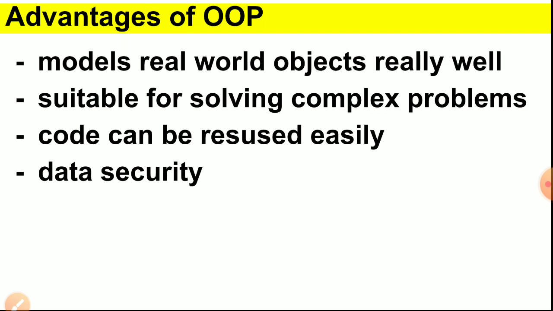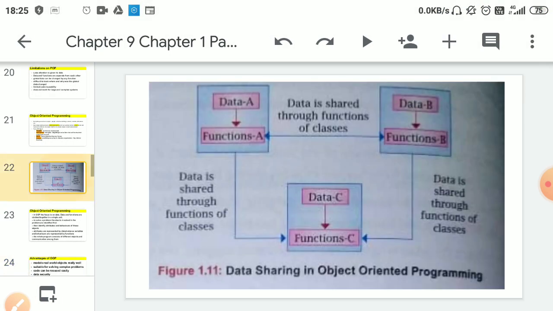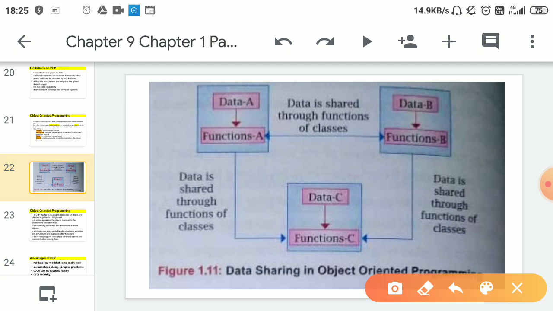Next point is data security. Can you guess how the data is secure here? Yes, the data is secure because I have already told you that the data here is only accessible by the functions present inside this block.